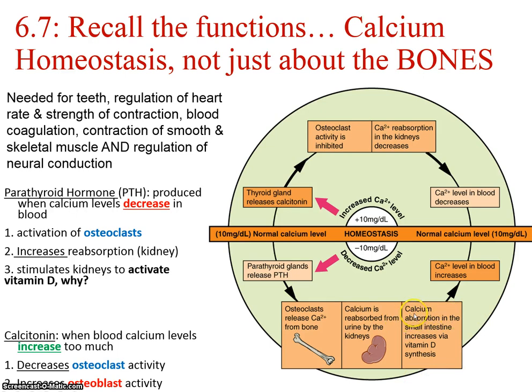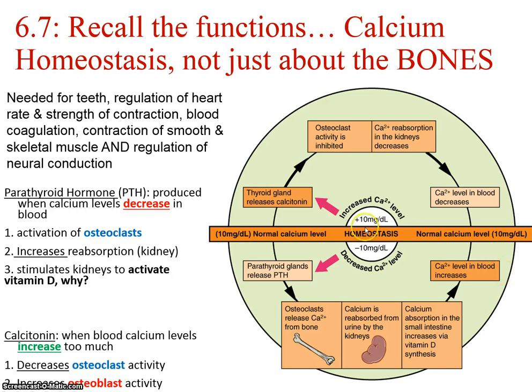This pre-vitamin D compound is circulating in the blood and goes through the kidneys. In the presence of parathyroid hormone, we increase the activation of this chemical. And when we have active vitamin D, that vitamin D then targets the small intestines to allow us to absorb more calcium from our diets. If these things are working together, we would increase the calcium levels in our blood.